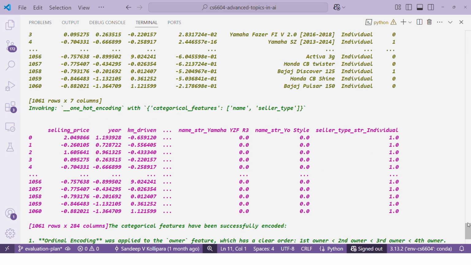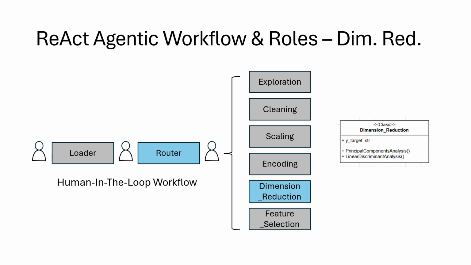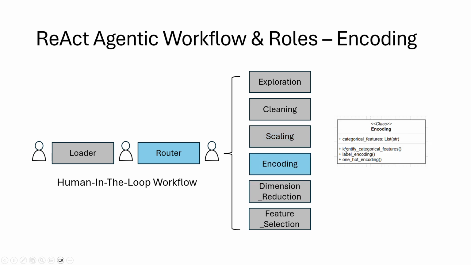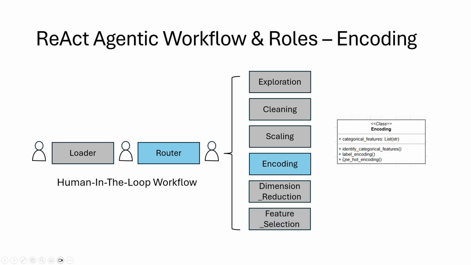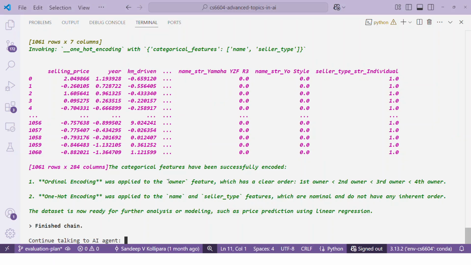The encoding agent identifies categorical features and then applies label encoding or one-hot encoding. Label encoding is used for the ordinal types, like in our case, the owner feature, which has the ordinality that first owner is less than second owner, less than third owner, less than fourth owner, which is how many owners this vehicle has had previously.